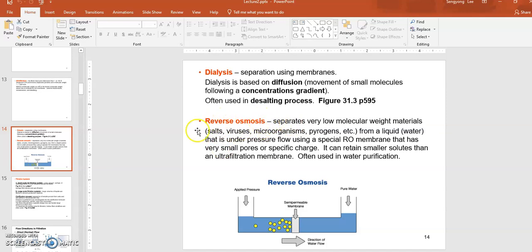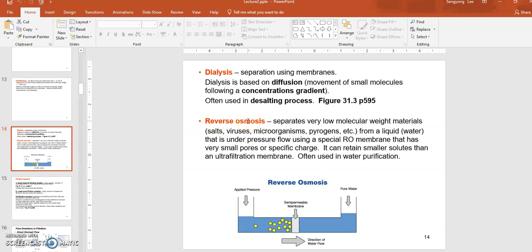So reverse osmosis, the name comes from the description of the water molecule flow direction. Okay, so what is osmosis? It's a movement of water molecules based on their concentration gradient. Okay, so diffusion is the concentration gradient based molecular movement, right? So water diffusion is basically osmosis.